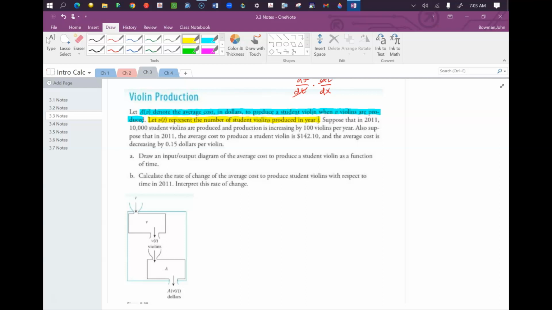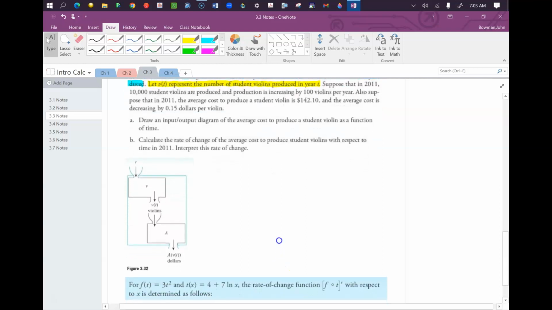$0.15 per violin. We're going to start out with a diagram to represent the relationship there, and this is a common approach to functions. You have an input at the top, t, for the function v, and you have an output, v of t, for that, so I'm going to highlight that in yellow.